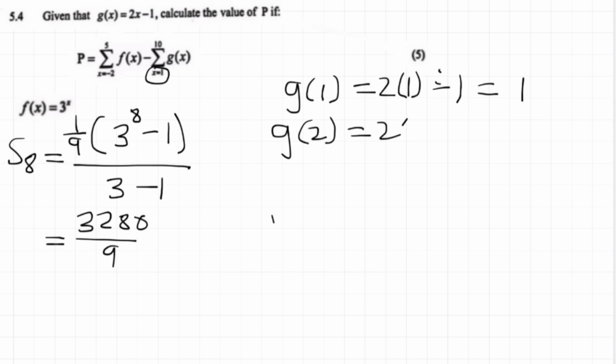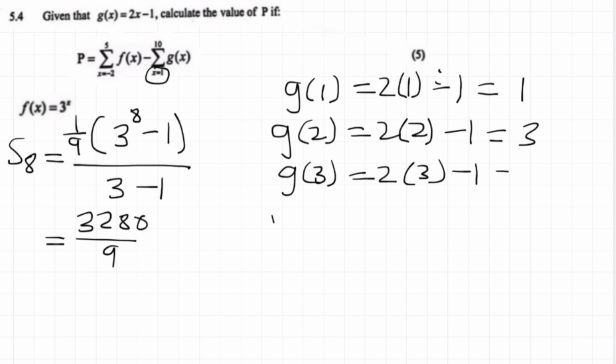And we substitute 2, which is going to give you 3. And then g of 3, we substitute 3 over here, and this is going to give you 5. So our pattern here is going to be 1, 3, and 5.